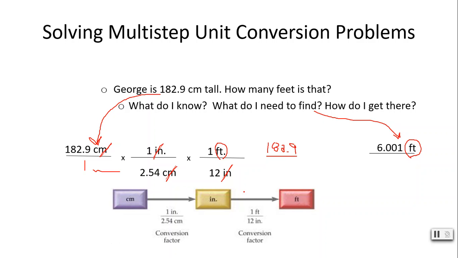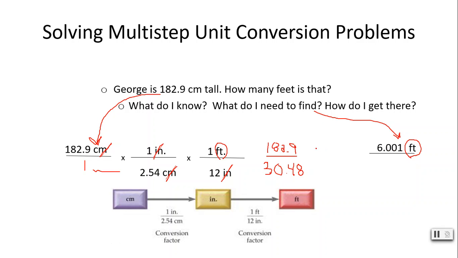So 2.54 multiplied by 12, I get 30.48 when I multiply those two. You can read that. Write that down. Now I'm going to go back and divide those two. So 182.9 divided by 30.48, and you should get exactly the same answer when rounding to 4 sig figs.